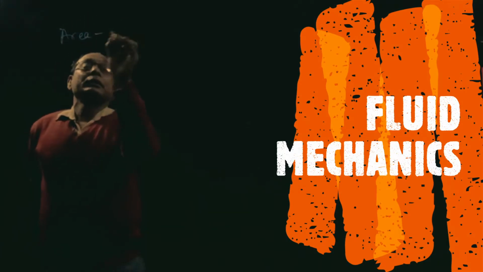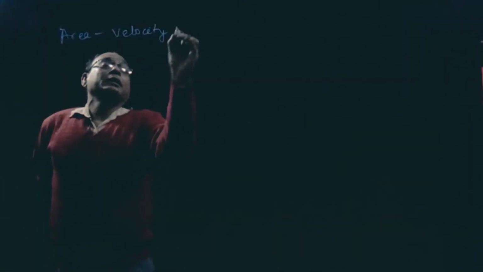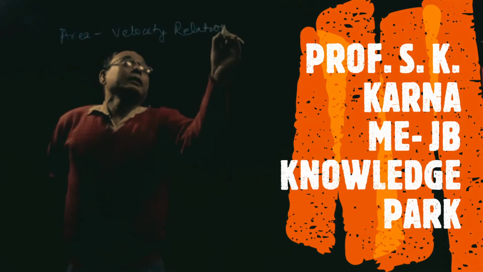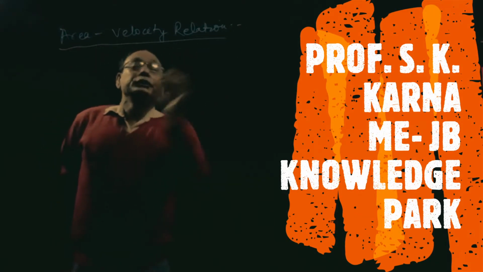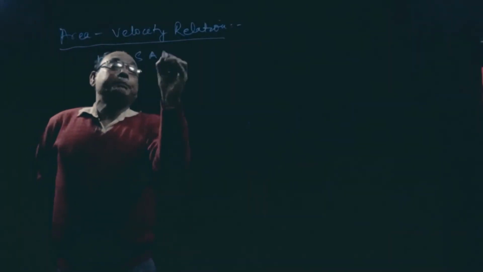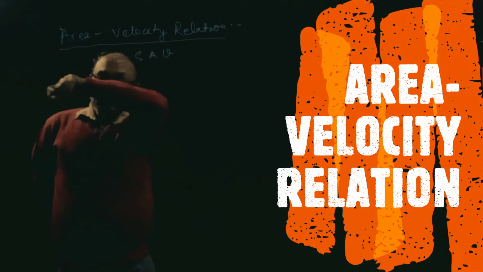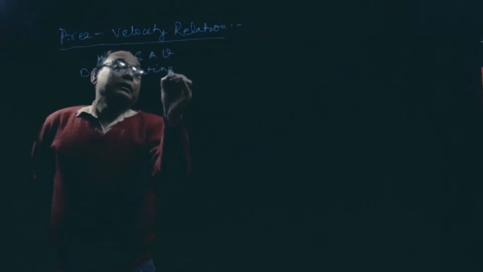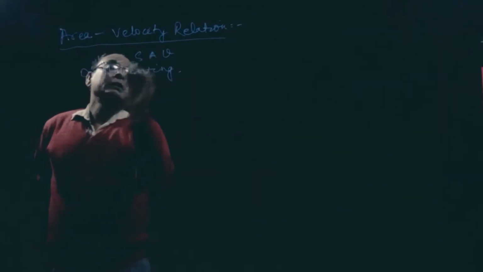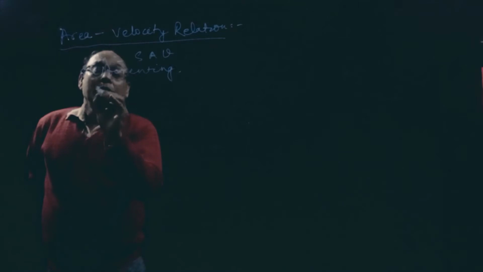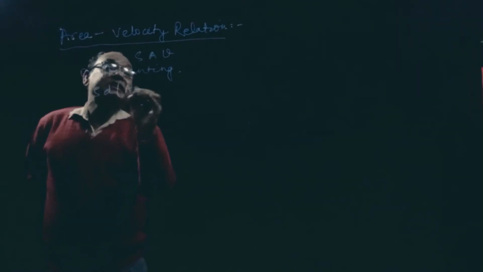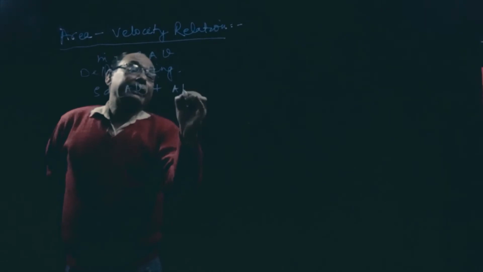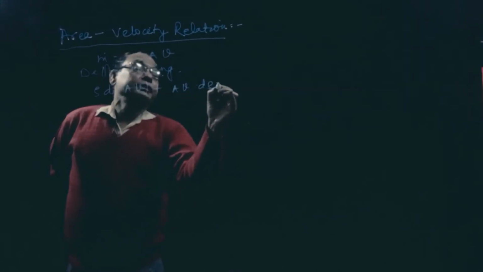Students, now we are going to derive area velocity relations. We know m dot is equal to rho A V. So differentiating this equation, we will get the differentiation of A V plus A V into d rho is equal to 0.